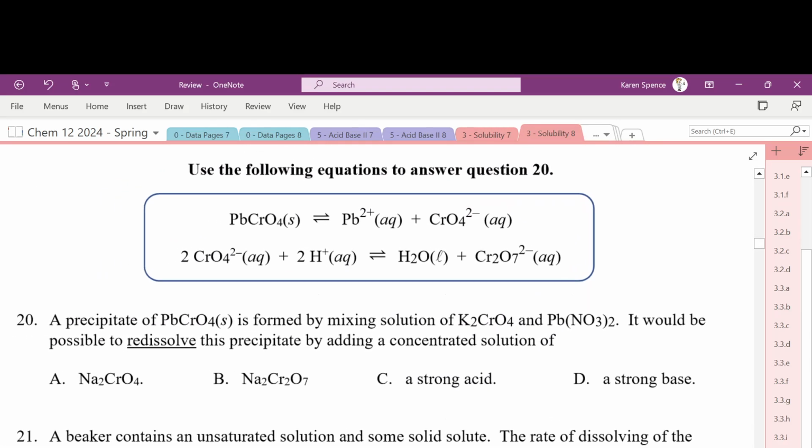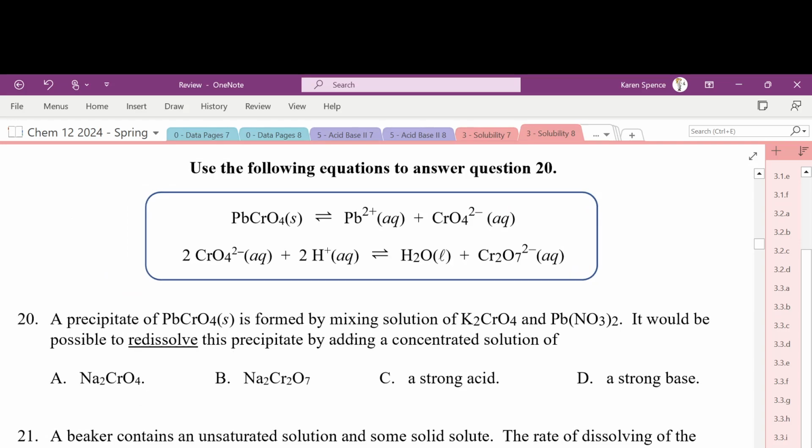A precipitate of lead chromate is formed by mixing a solution of potassium chromate and lead nitrate. It would be possible to redissolve this precipitate by adding a concentrated solution of, now we need to make sure that we're looking at this. This is the information for question number 20.